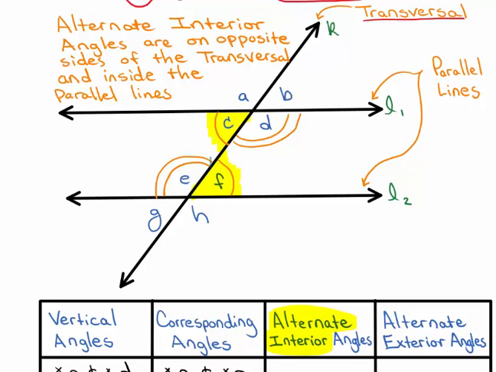So those two have equal measurement. So alternate interior angles are equal in measurement.